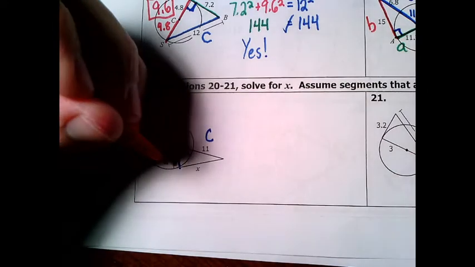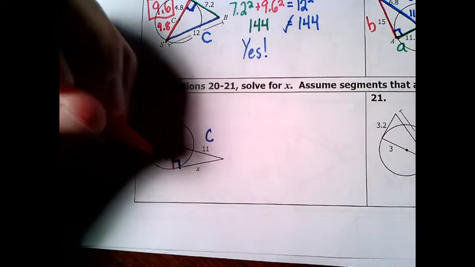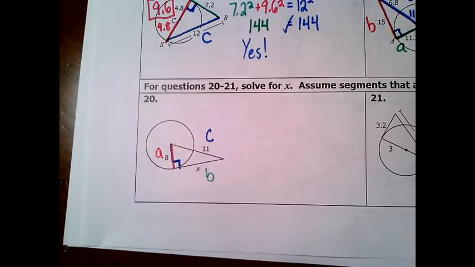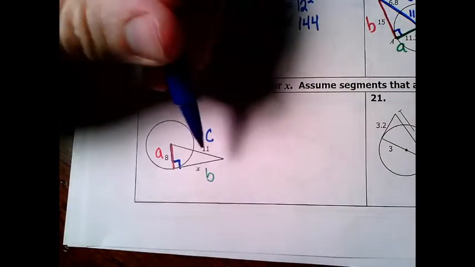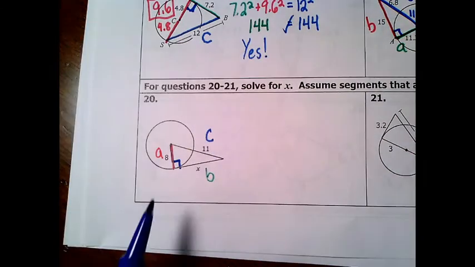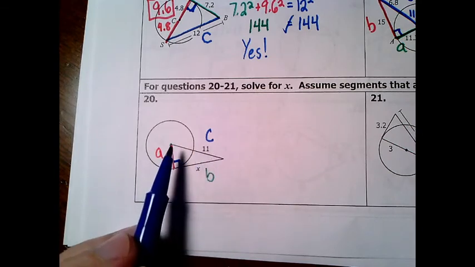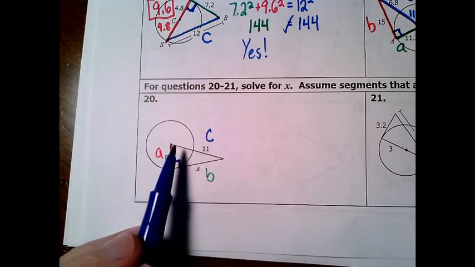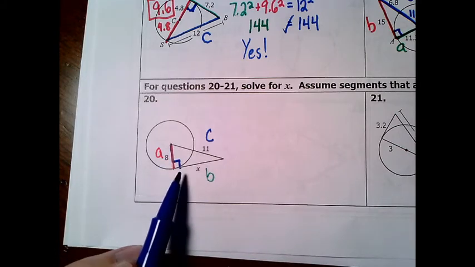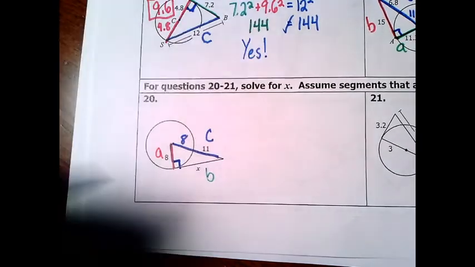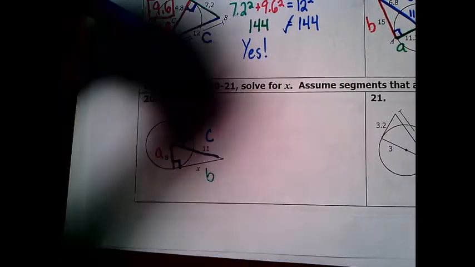We'll just call this my smaller side, so that'll be my A. This is my bigger side, which is B. But 11 only goes from here to here. So I need that radius right there. Well, this radius is 8. So that means this radius is 8. So this total side is 19.